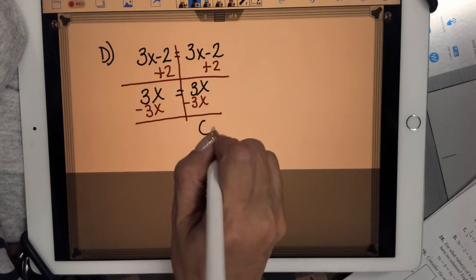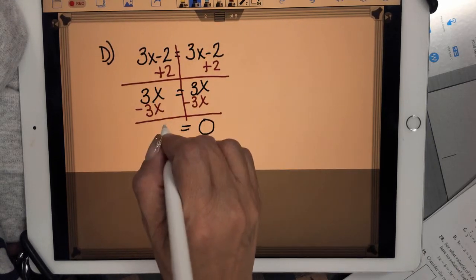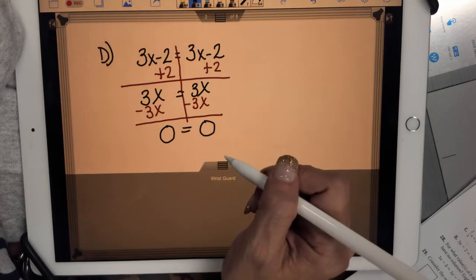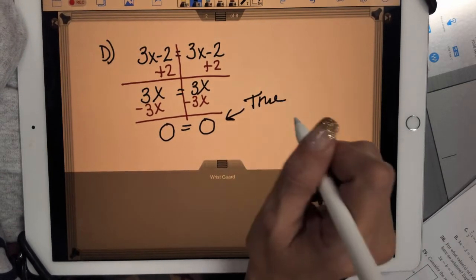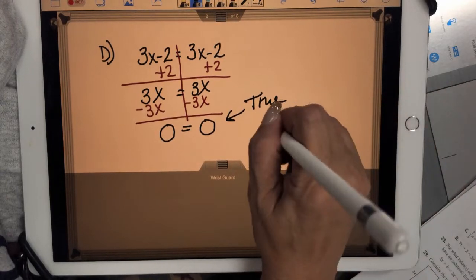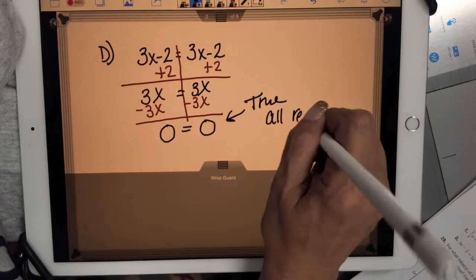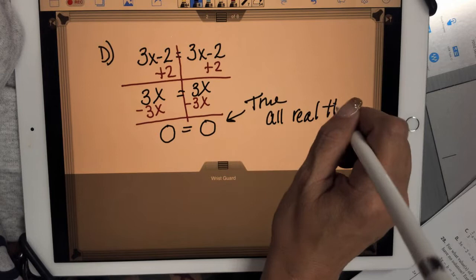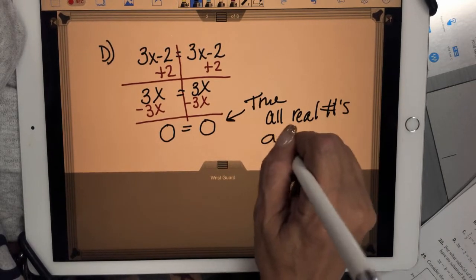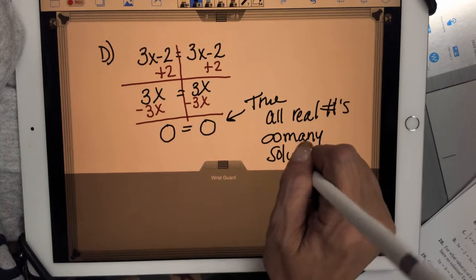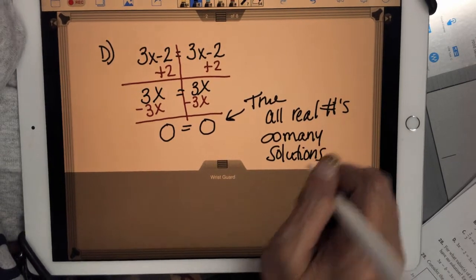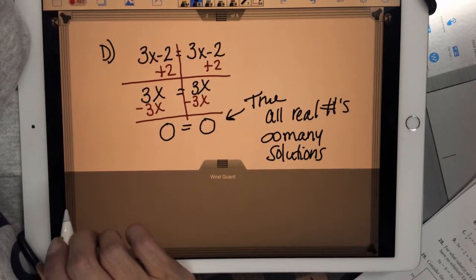That's 0 equals 0. That is a true statement. That means any number works. So when we get this, we say all real numbers work, or we say infinitely many solutions. Like the sky's the limit. Whatever number you can think of, it's going to work.